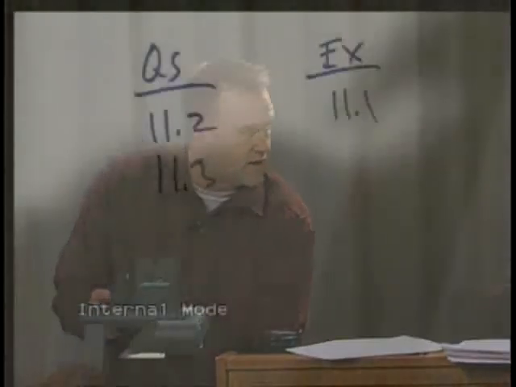And I also want you to do exercise 11.1. Okay? So I'll go ahead and write this up and put it on the screen so there'll be no confusion. And that would be right here.